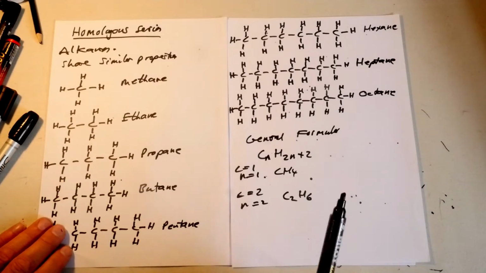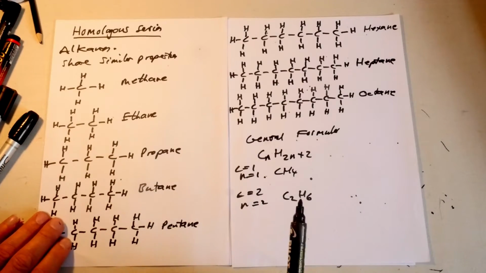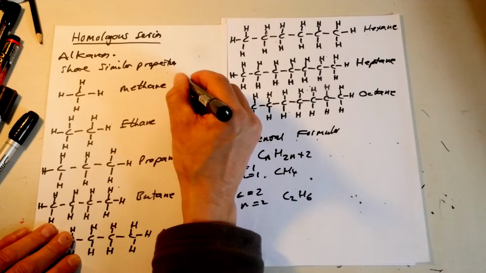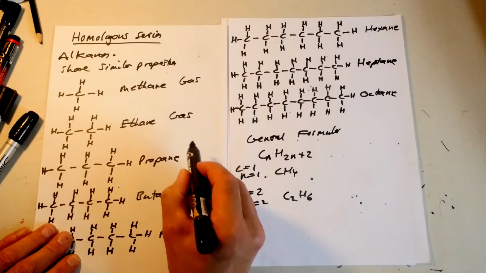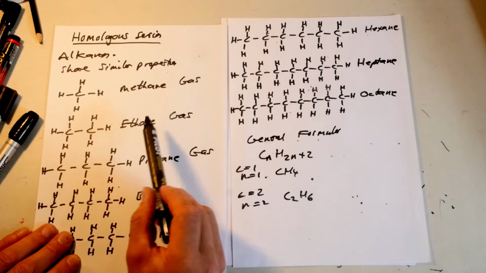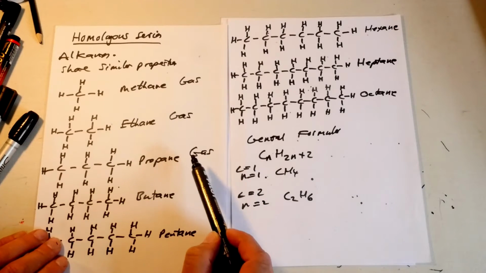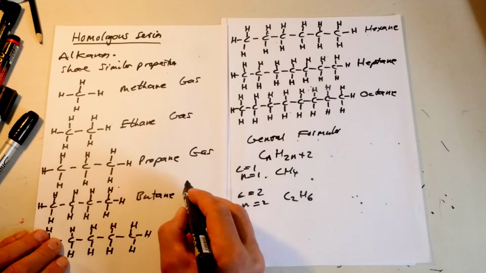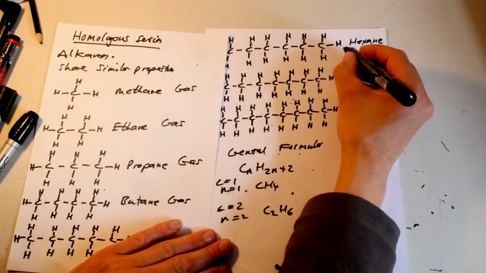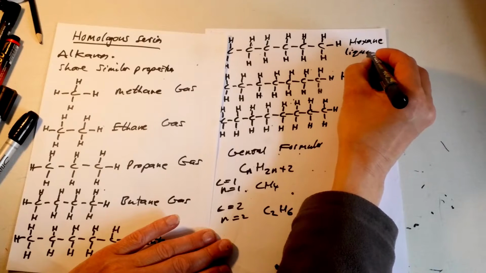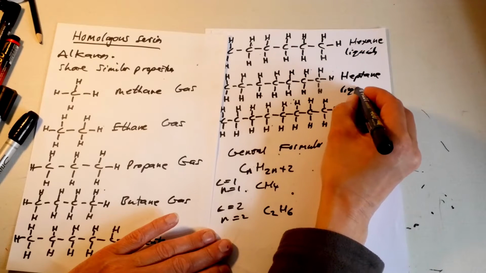So these are the full structural formulas. You also need to know, that's a gas. Propane is used as a camping gas, if you've ever been camping. That's gas, and then these are liquids, these are all liquids as well.